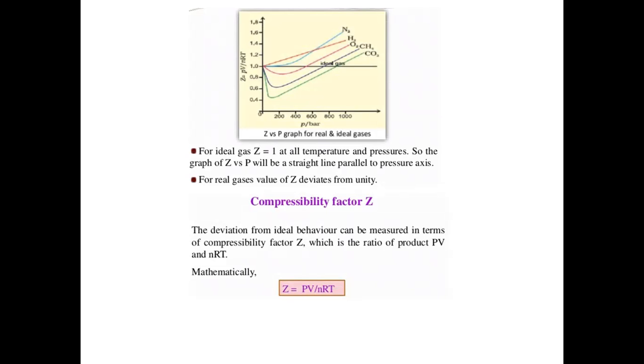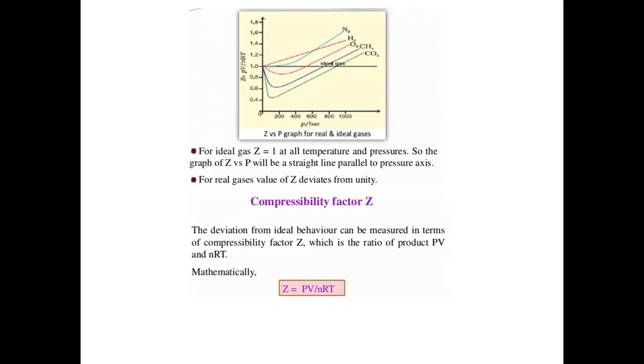And if Z is greater than 1, this indicates that the gas is less compressible than expected from ideal gas behavior. And this deviation is known as positive deviation. And the gases H2 and helium show this type of behavior, right?